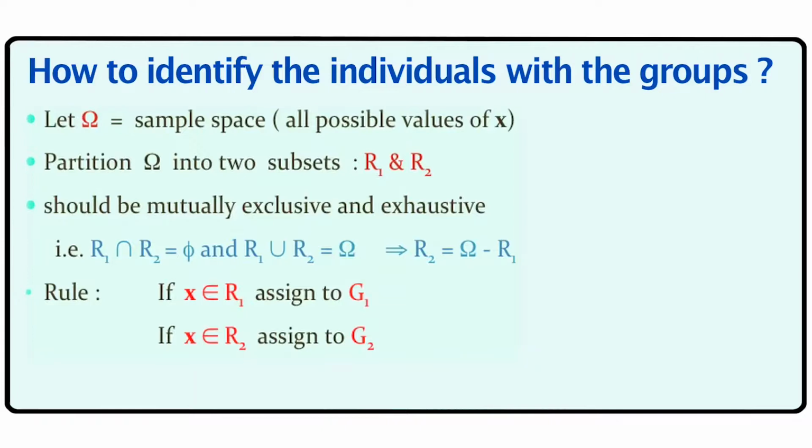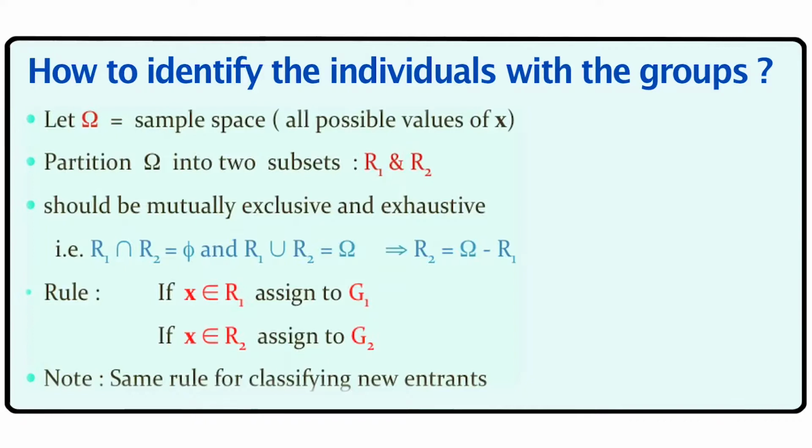So we define a rule this way. If x belongs to R1, we assign x to the first group. If x belongs to R2, we assign x to the second group. The classification rule is the same.